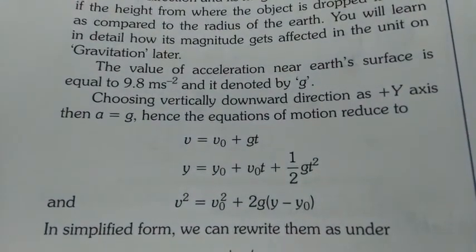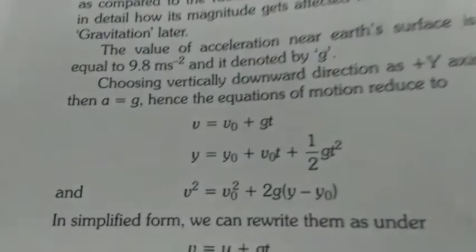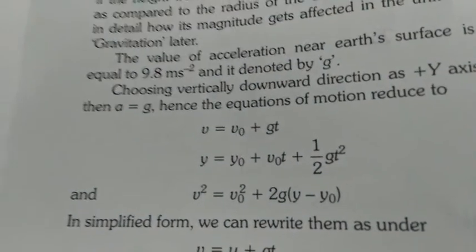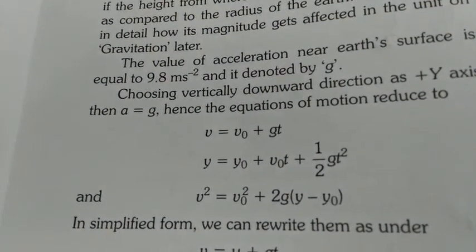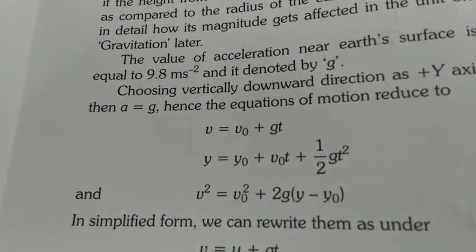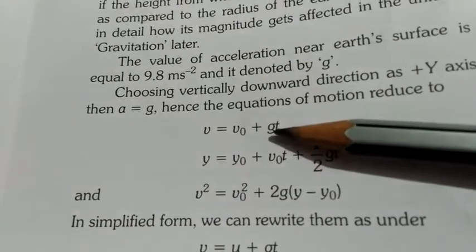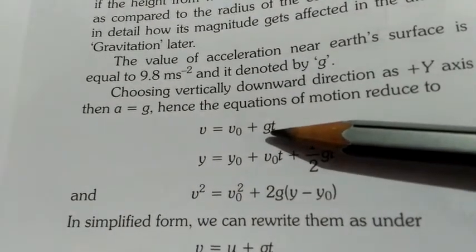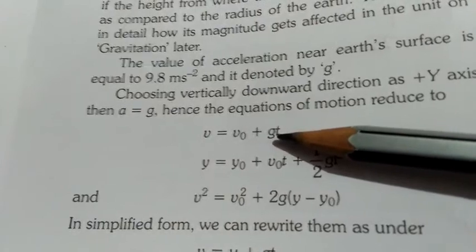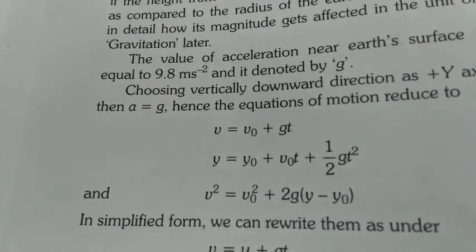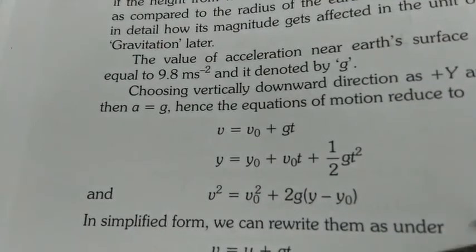Now suppose a body is freely falling from a height. Like suppose a ball is simply falling under gravity, no other force is there and only gravitational force is there. So at that time the general acceleration a can be replaced by g, that is gravitational acceleration. And the distance we are taking on the x axis, that we will take on the y axis.